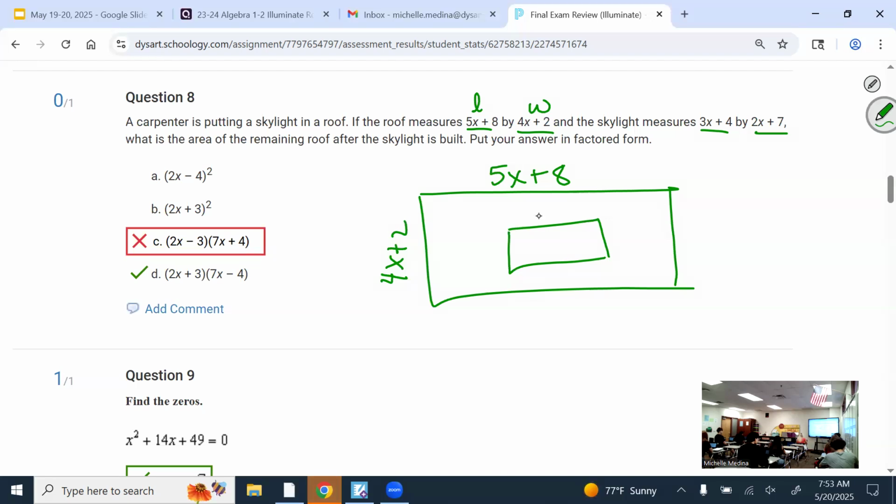They're saying that measures 3x plus 4 and 2x plus 7 for the other dimension. And we want the remaining area.